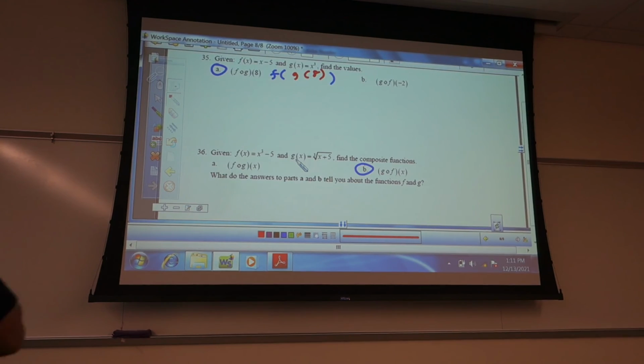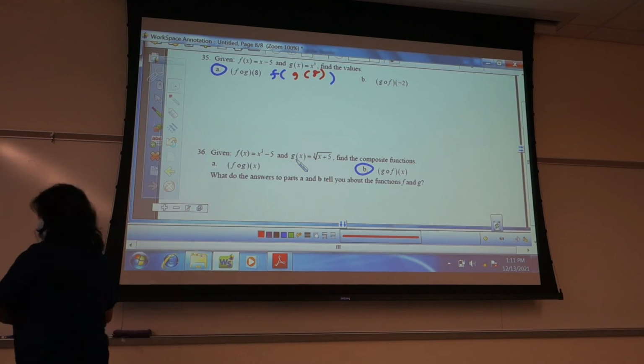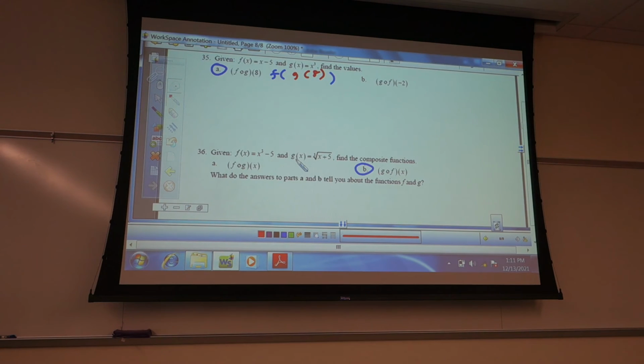Let's just look at g of 8. Find g of 8 first. Is the 8 my x or my y? It's my x. My y is x to the third. My x is 8.